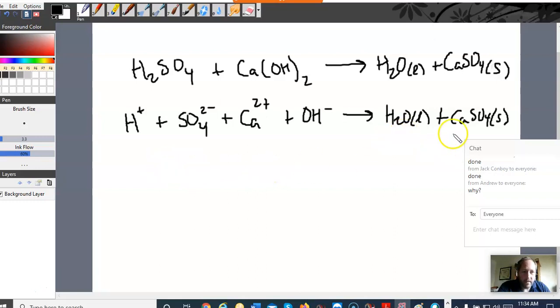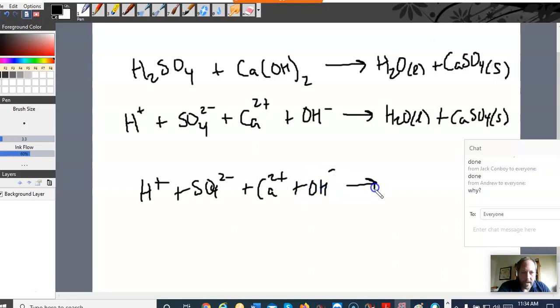You actually form water because your H+ and your hydroxide neutralize each other, but then you also form a precipitate. So in your net ionic, in this case, you do not have any spectator ions. Everything reacts, and that is a possibility. I didn't want to write a problem like that, but it does happen.